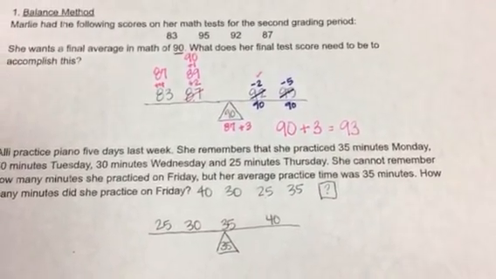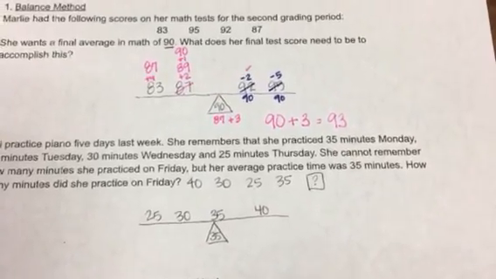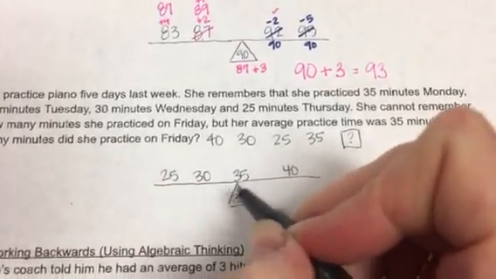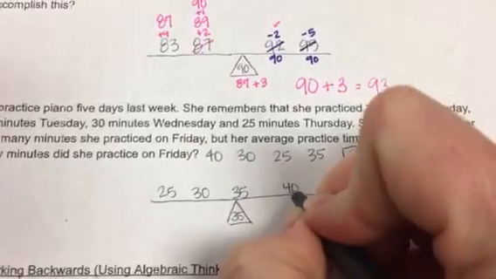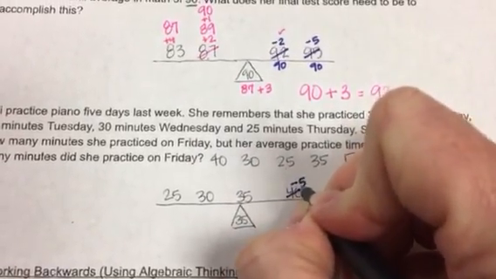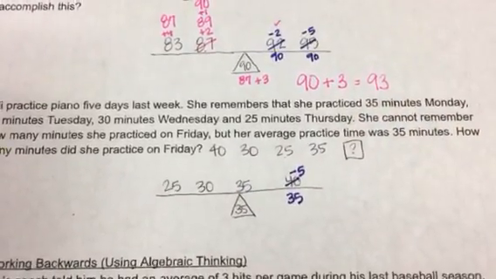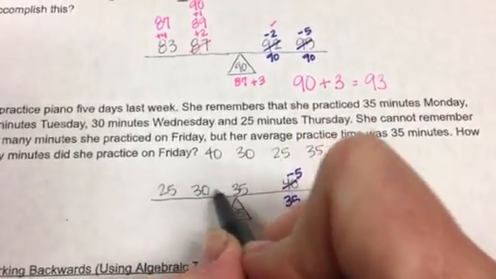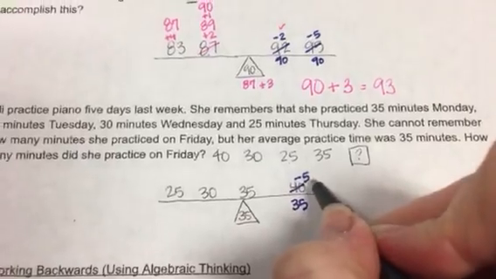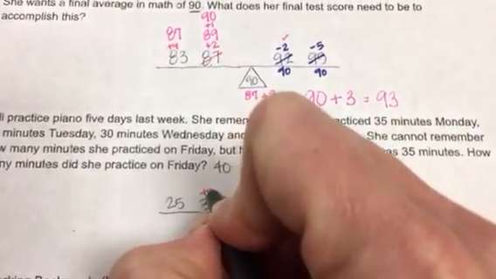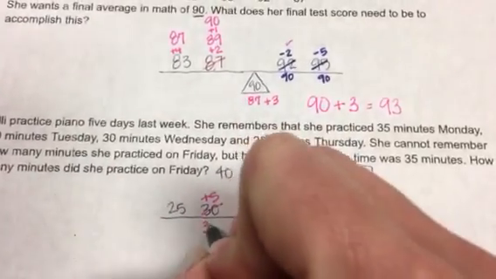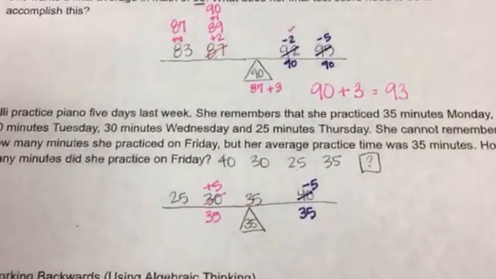So now my job is to see if I can manipulate any of these to make them reach that target number of 35. It's pretty quick once you realize it because I can do -5 here, and that makes that one say 35. And if you are number oriented, you see I can take those 5 that I took from there and add it here, and that makes that one say 35.